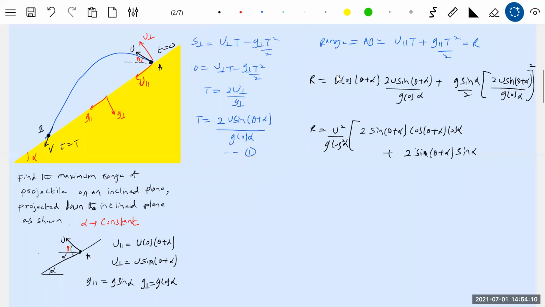Once again I'm repeating the same thing, only a few symbols are changing.